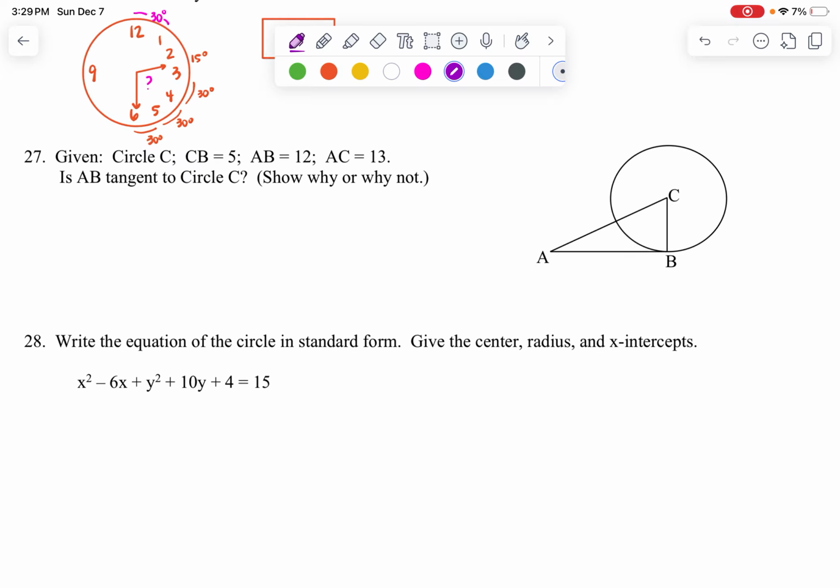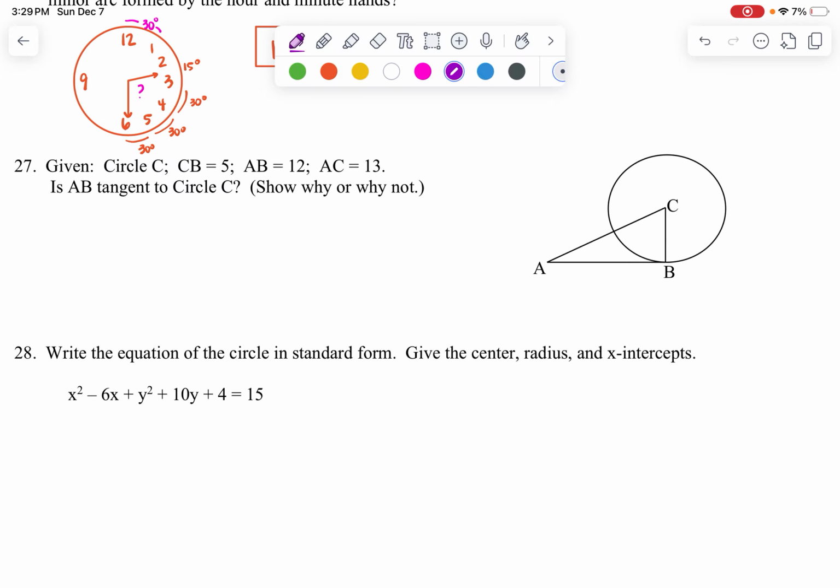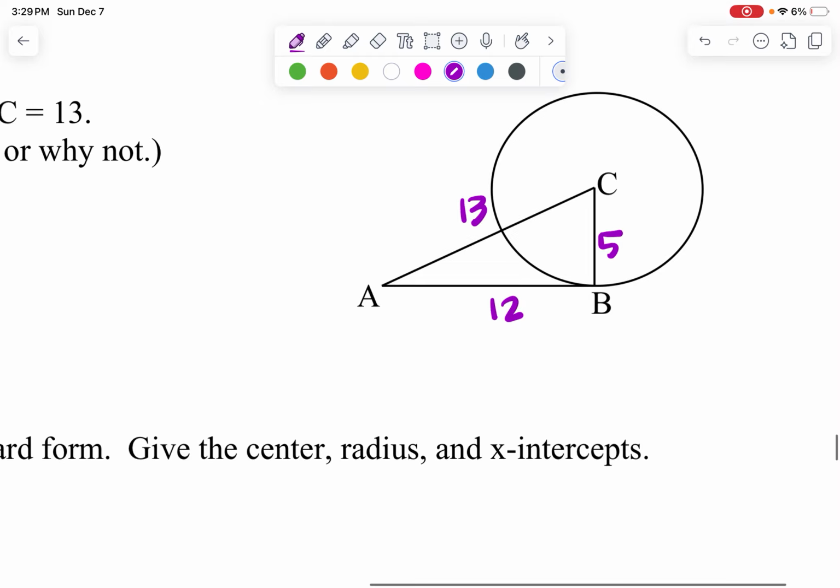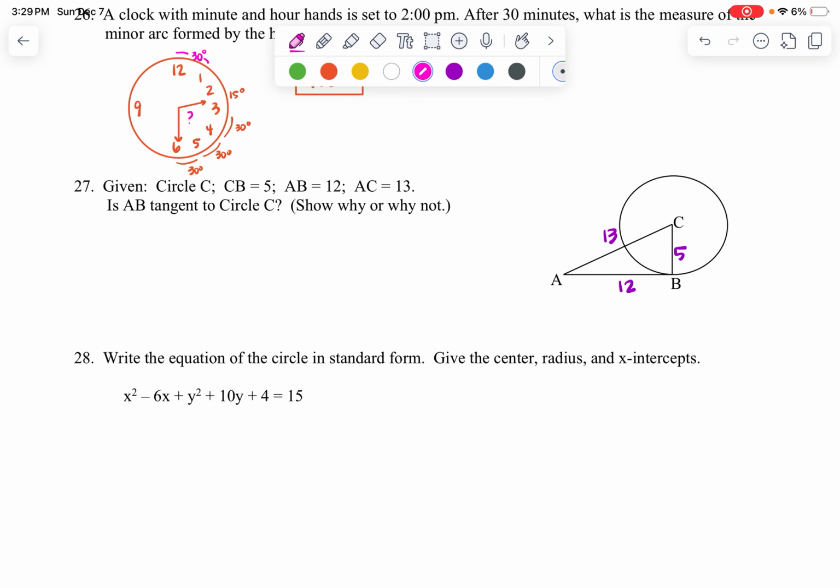Given circle C, which means C is the center, CB is 5, AB is 12, AC is 13. Is AB tangent to the circle? Well, it is, right? And we can prove that, which you would need to show some sort of math. We're basically doing the converse of the Pythagorean theorem: 5 squared plus 12 squared, is that equal to 13 squared?